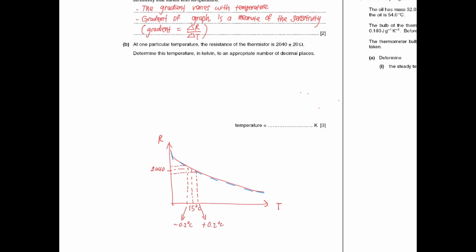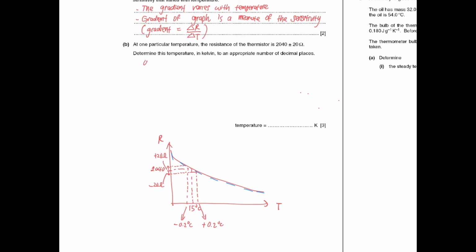Okay, so this one box is plus 20 ohm. Going down one box is minus 20 ohm. So we have to see something like this from the graph. And now to answer the question, we put it like this.